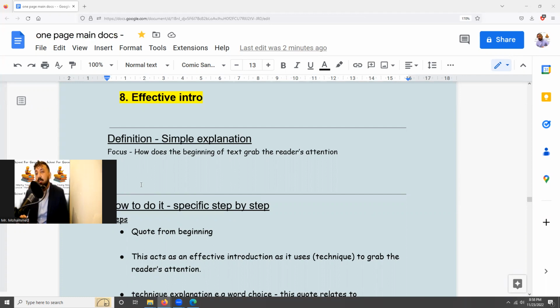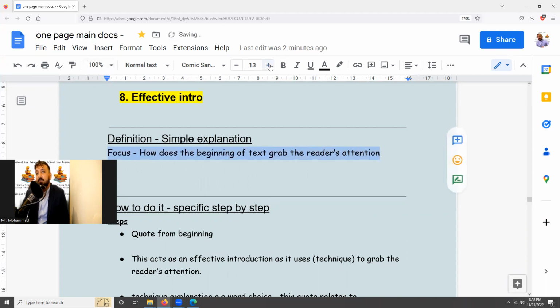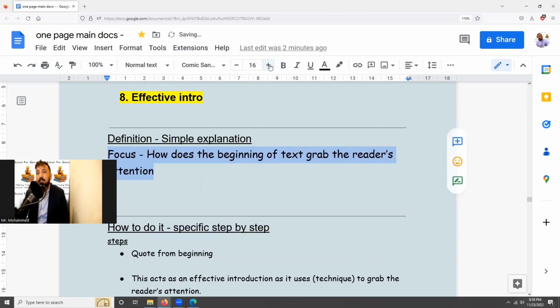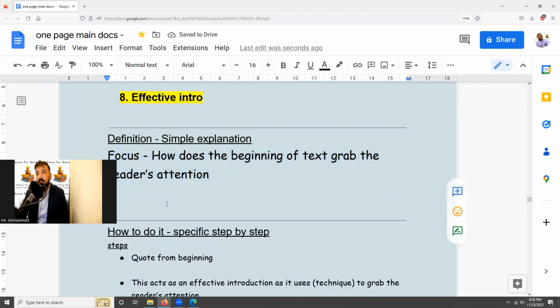Now, in terms of the actual focus, what we are looking for is how does the beginning of the text grab the reader's attention? Now, there are other things that we could look for in an effective introduction.